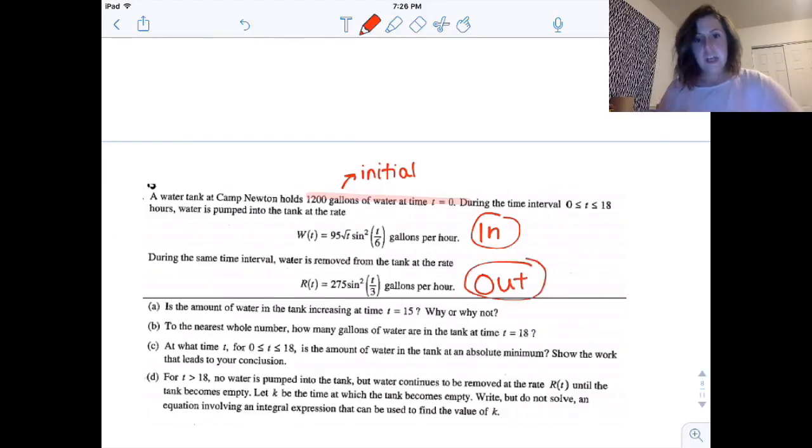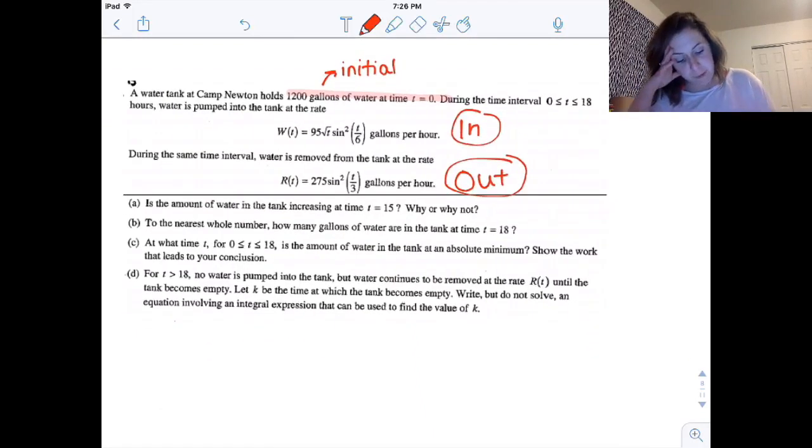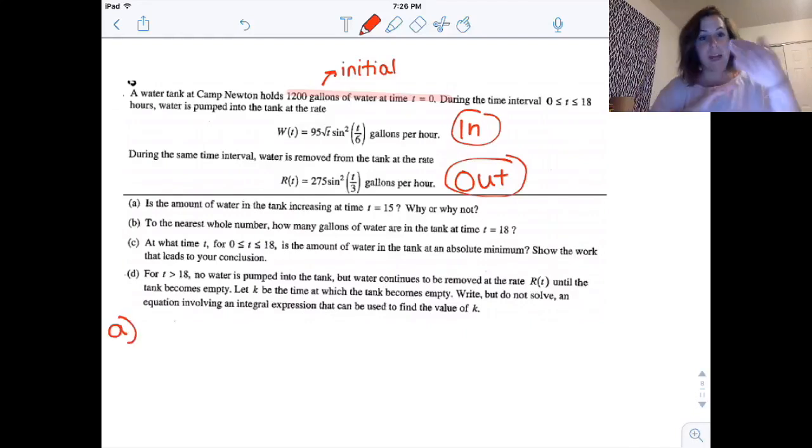The first thing it says is, is the amount of water in the tank increasing at t equals 15, why or why not? If I'm looking at the amount of water increasing or decreasing, I want to know if my rate of change is positive or negative. So for part A, I'm going to look at my rate coming in versus my rate going out.